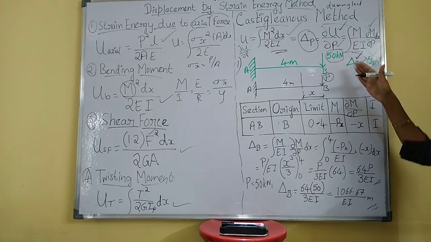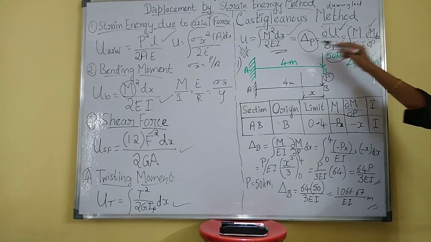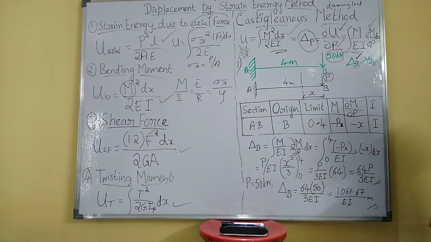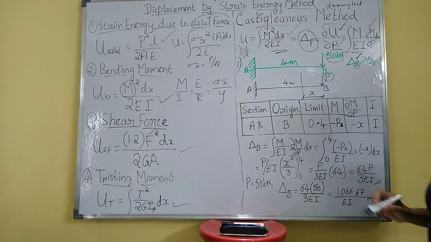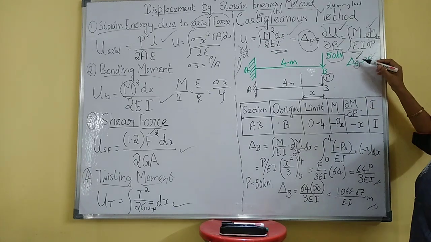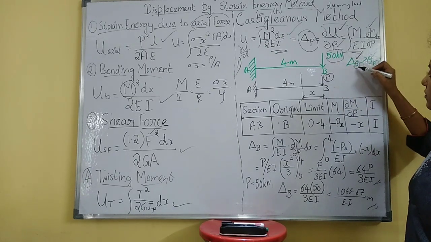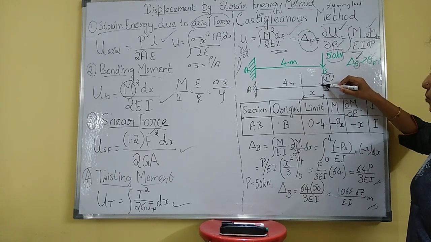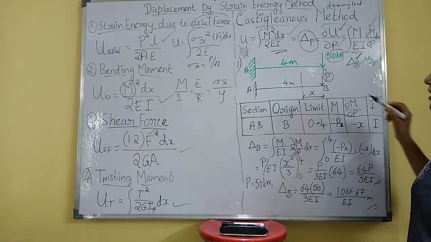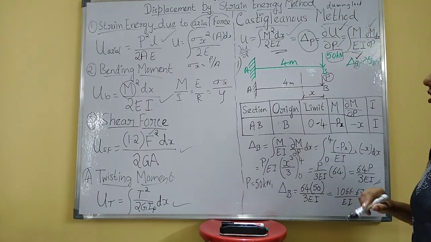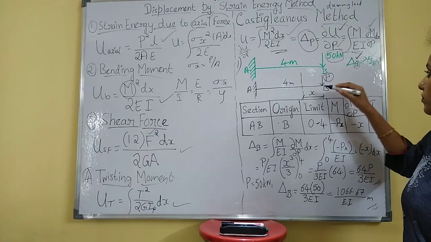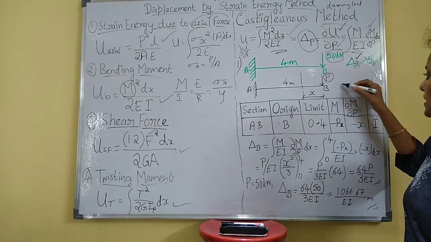Then, using this equation, find delta B and you will get the value of the displacement. So the first step to find delta B is to replace the load at the point where you want the displacement, that is point B, by P. Next, for this beam, you find the displacement by tabulating.